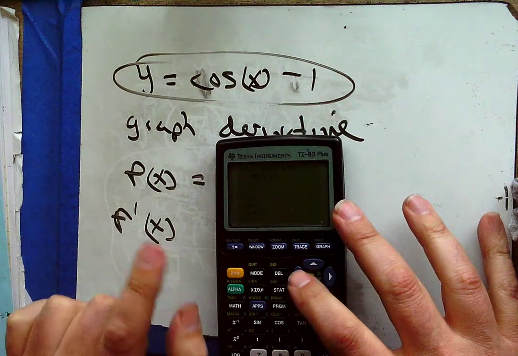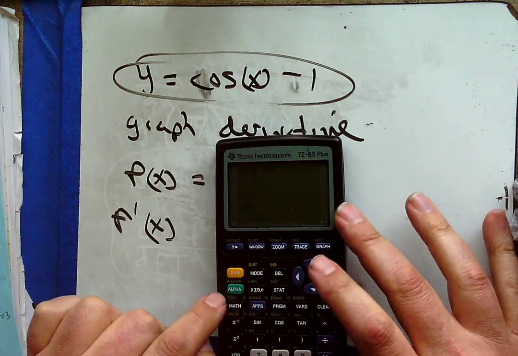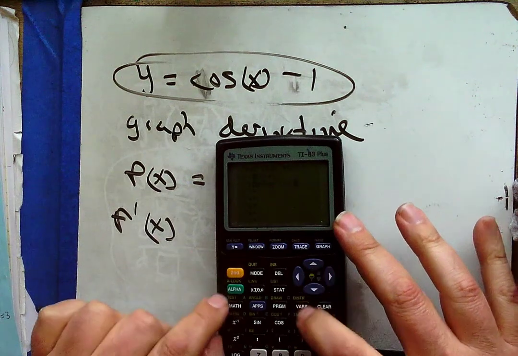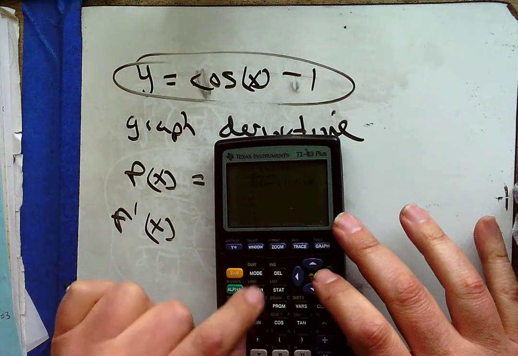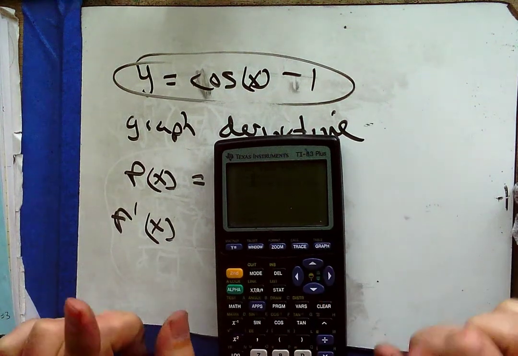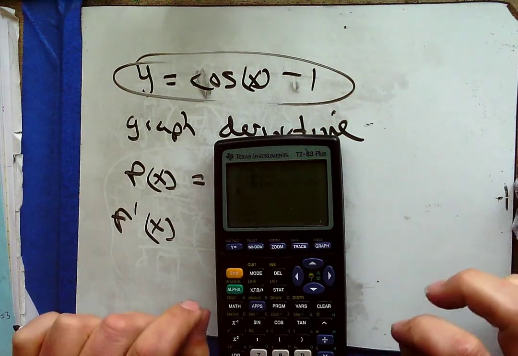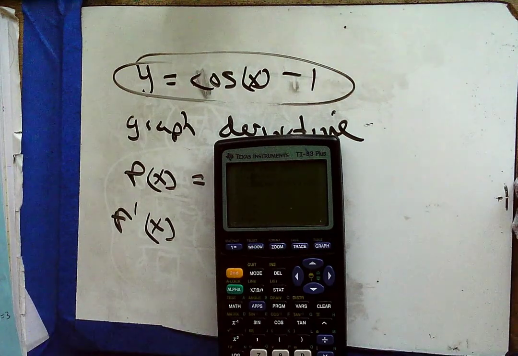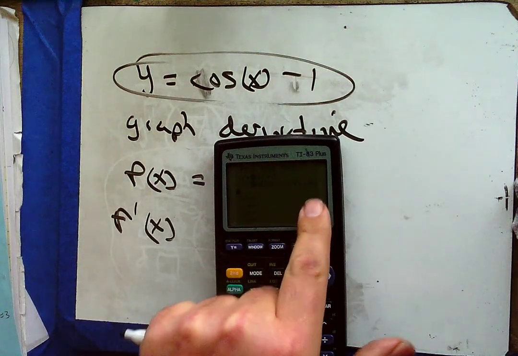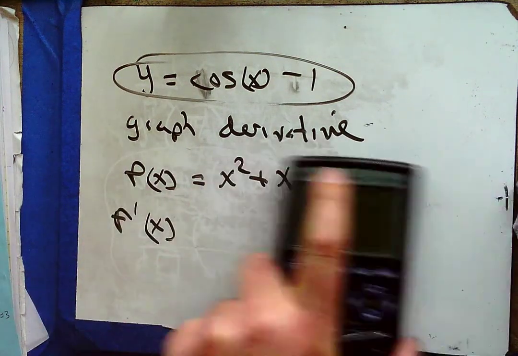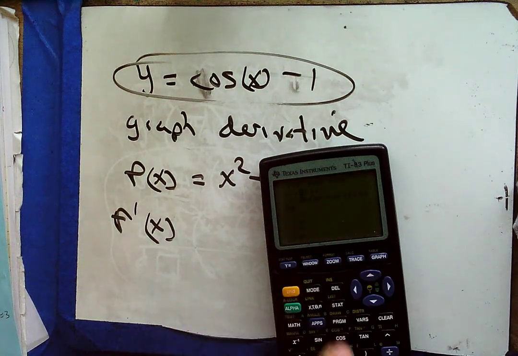Now go to y2, go to math, go up to nDeriv, and now say you want the nDeriv of y1, comma x, comma. Now, because we want to graph the derivative, we don't want to know just the derivative at one point. We want to know the derivative at all points. So we're going to replace the number that we would normally plug in here with another x.